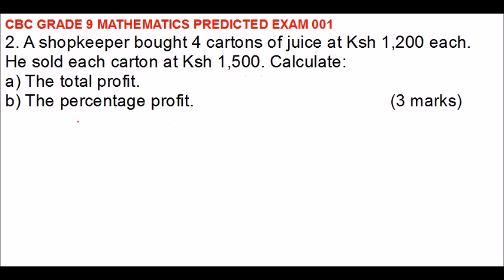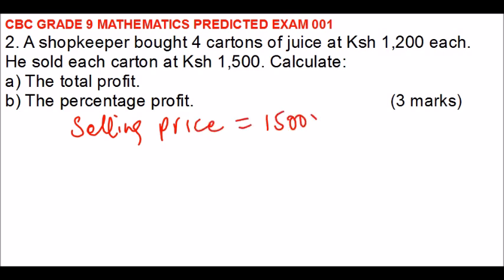So we can calculate the total profit. You can say the selling price is equal to, you multiply 1,500 by 4 cartons, and you get 6,000. So it means by selling the 4 cartons, the shopkeeper made 6,000.